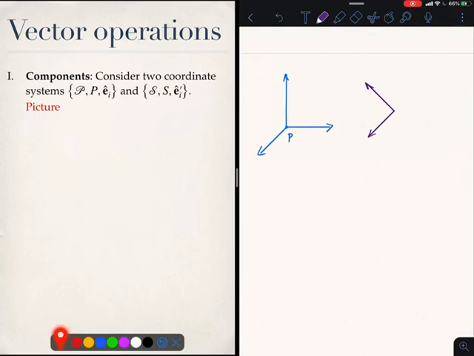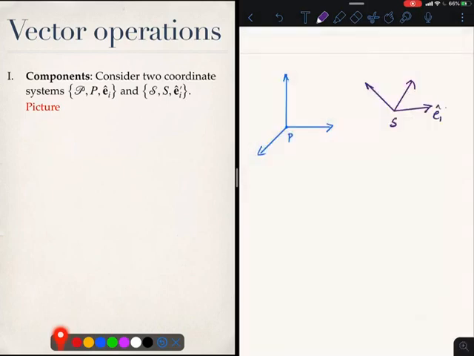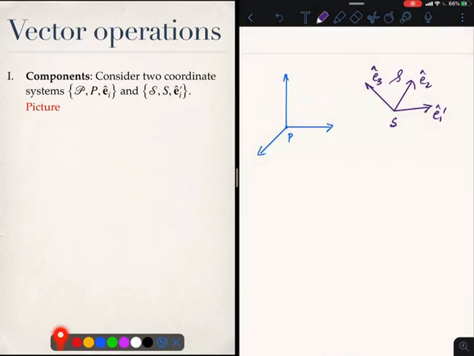Okay, so here are two coordinate systems. Let this one have the origin S. These are given by E1 prime, E2 prime, E3 prime, and the name of this coordinate system is script S. This one is P with E1, E2, E3.